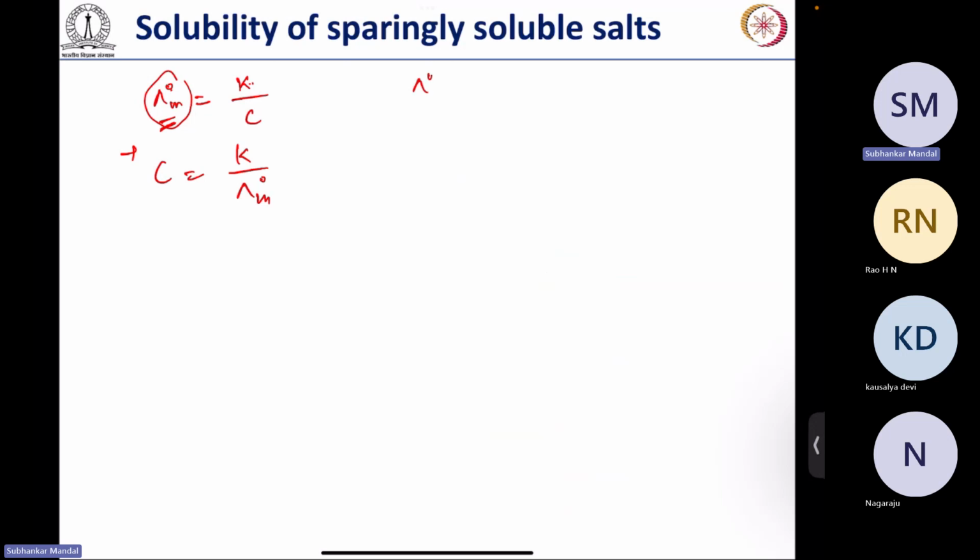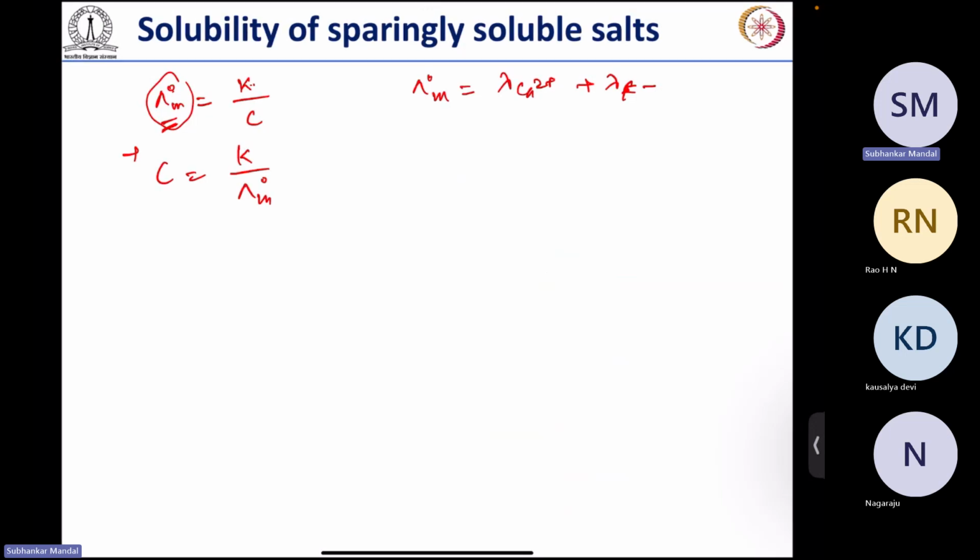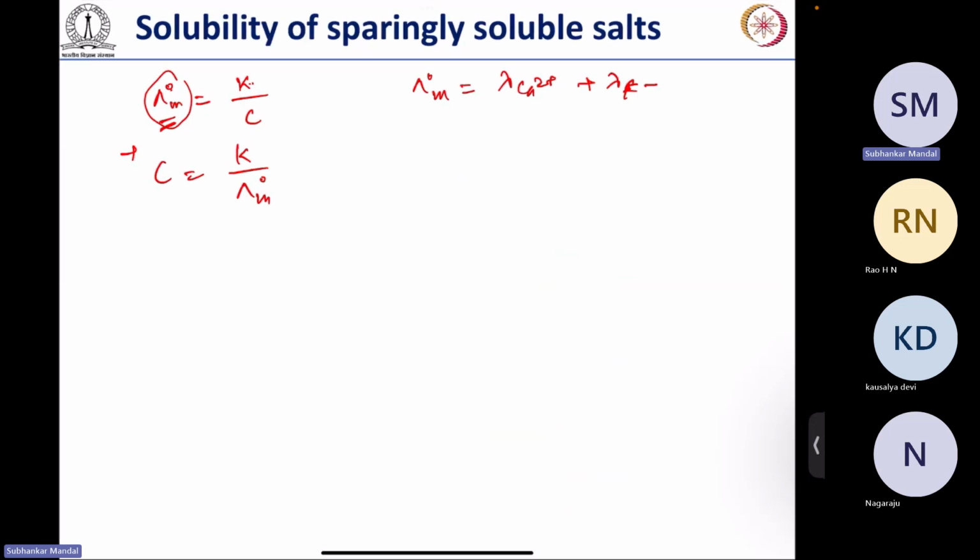So what is lambda 0 from Kohlrausch's law? Lambda of calcium 2 plus, plus lambda of fluorine minus. In the case of calcium fluoride, 2 fluorine minus is there, so it will be 2. Now this value and this value are given in the question.